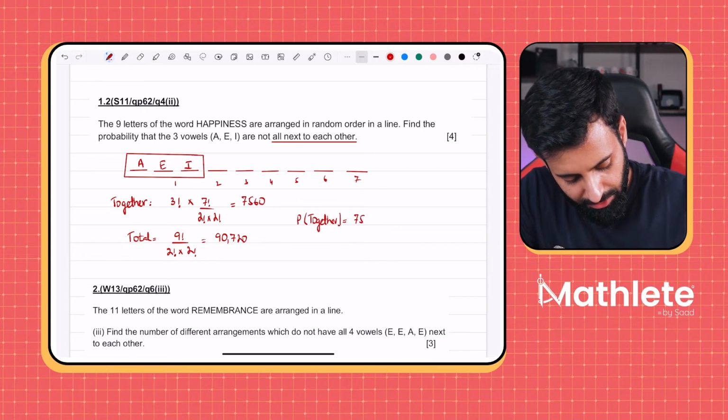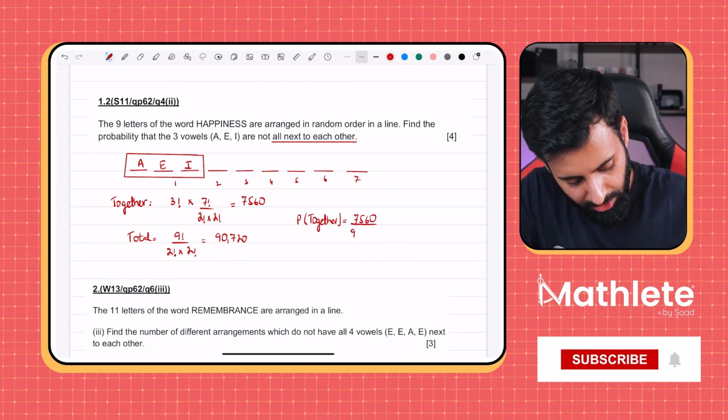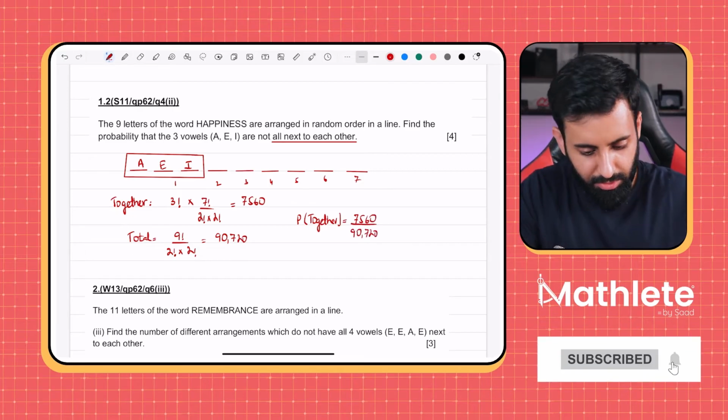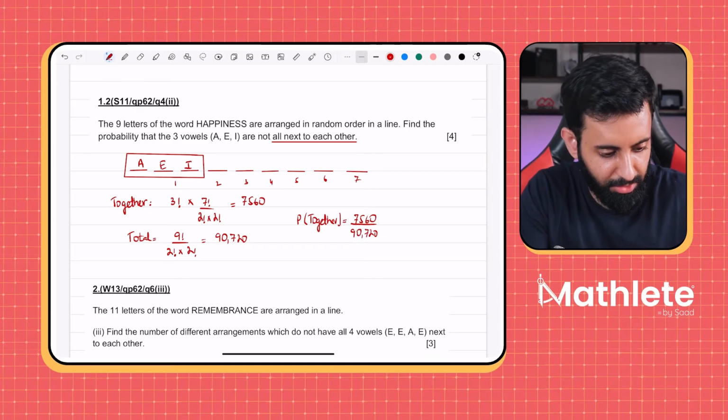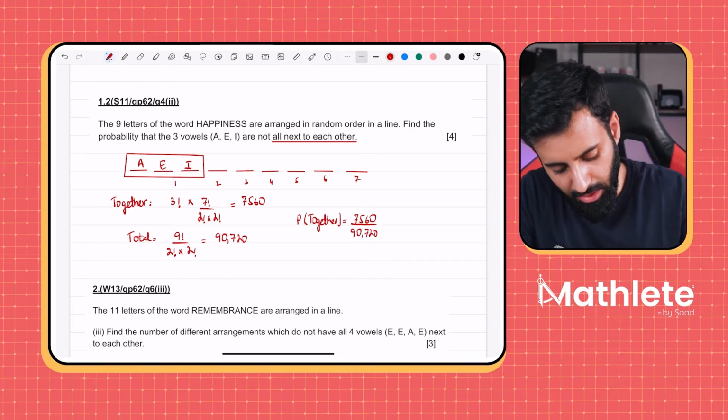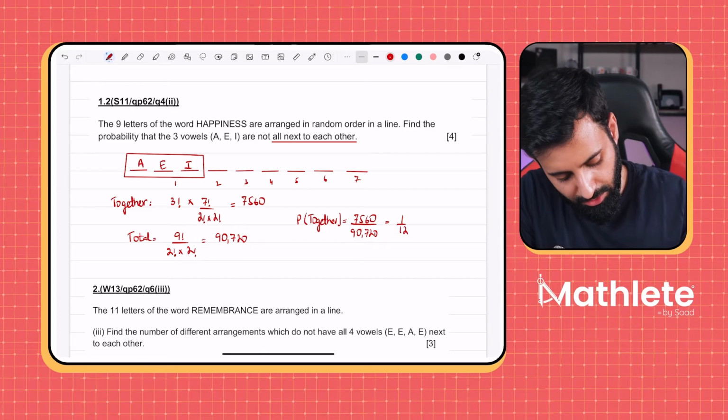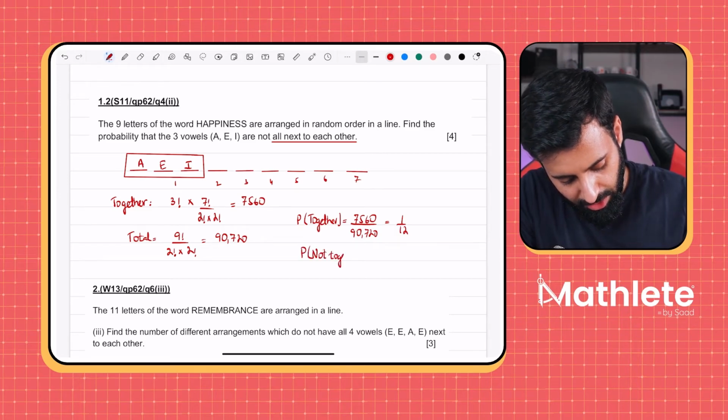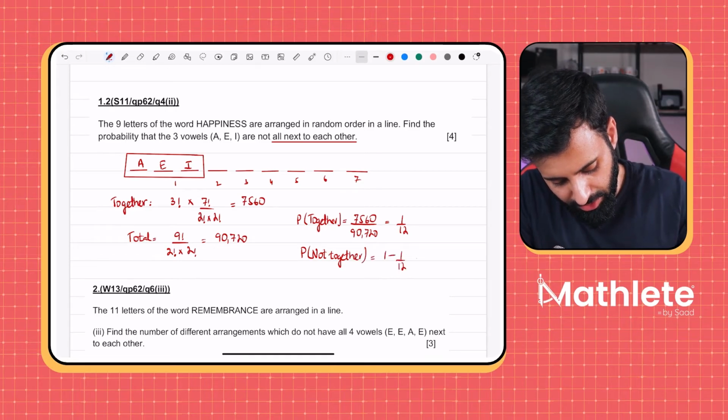That would be 7560 divided by 90720. The answer is 1 upon 12. To find the probability of not together, we subtract 1 upon 12 from 1. 1 minus 1 upon 12 gives us 11 upon 12. And that is the correct answer.